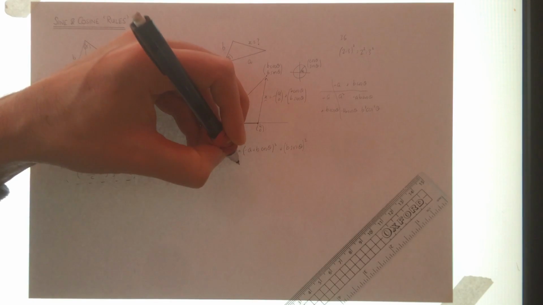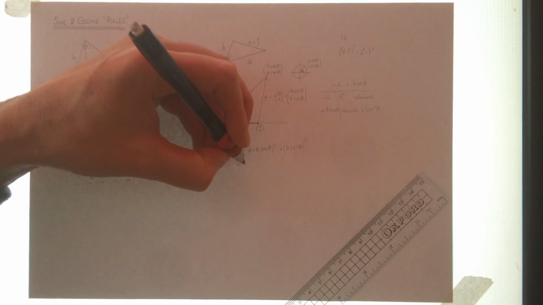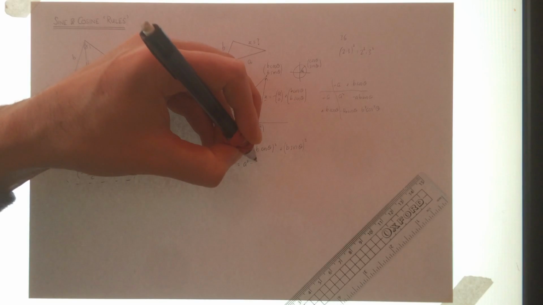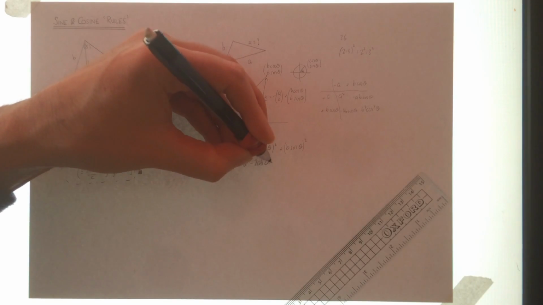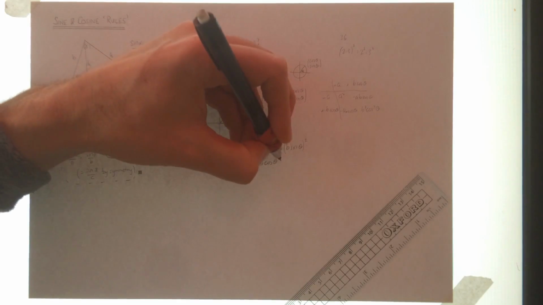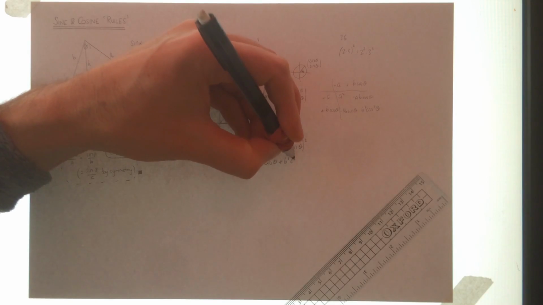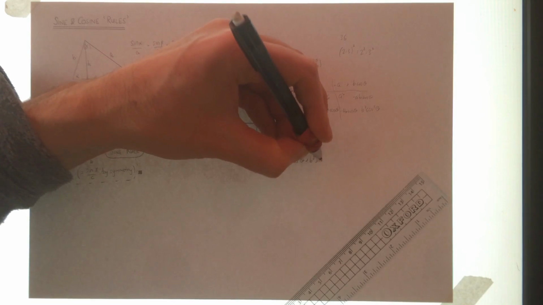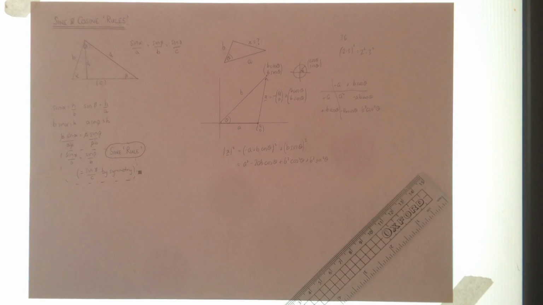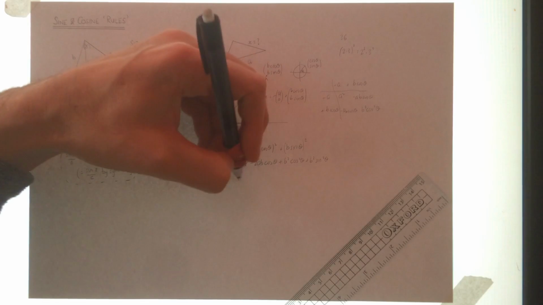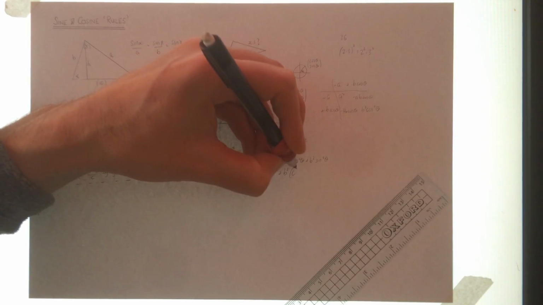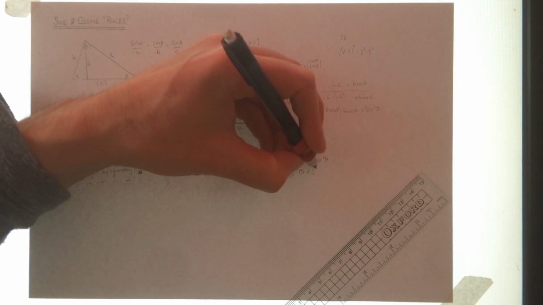So we have a squared minus 2ab cos theta plus b squared cos squared theta plus b squared sine squared theta. So it's that thing plus b squared times cos squared theta plus sine squared theta.